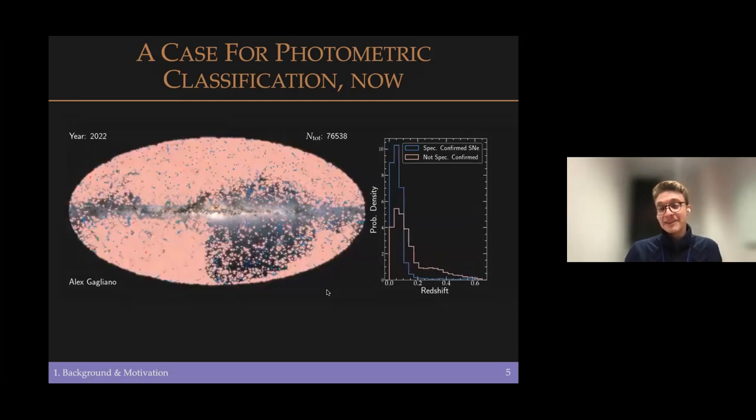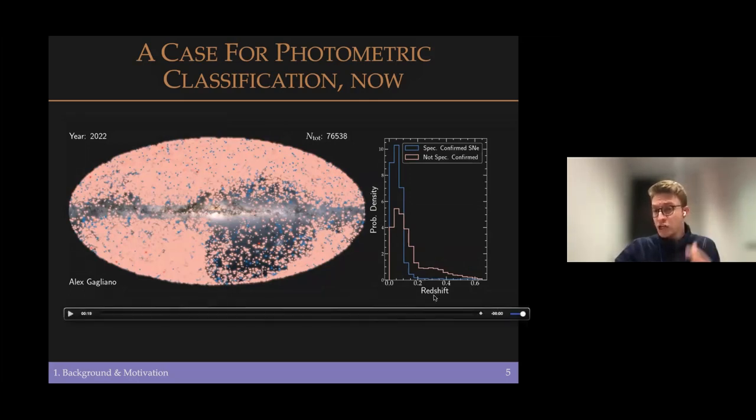And in the last couple of years, you see there's just an explosion of events that are pink that we haven't spectroscopically confirmed. This number is a little bit overinflated because it's all candidates that are reported. Some of these will not be supernovae, but needless to say, it's getting harder and harder to study using spectroscopy all of the events that we observe. And you can see the probability density on the right as a function of redshift.